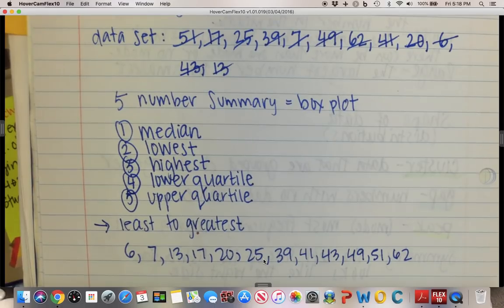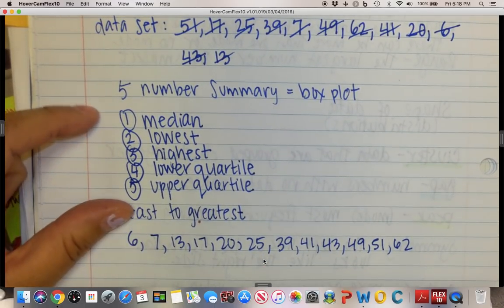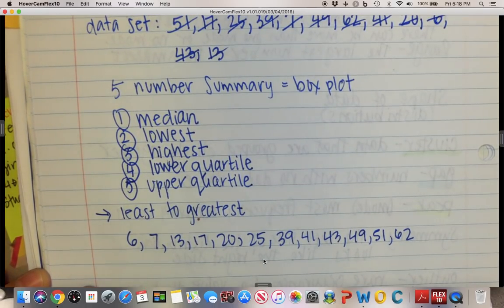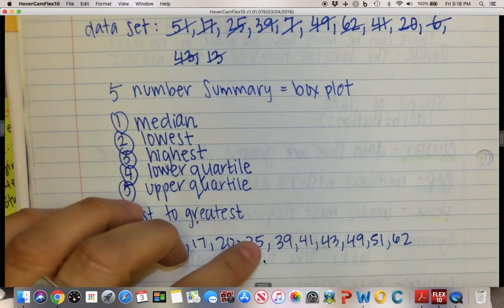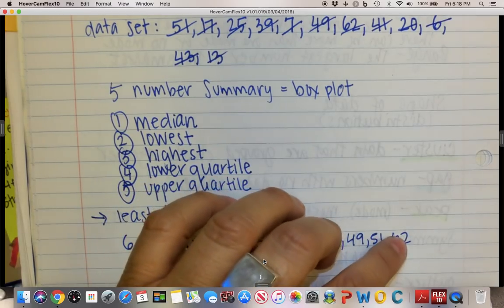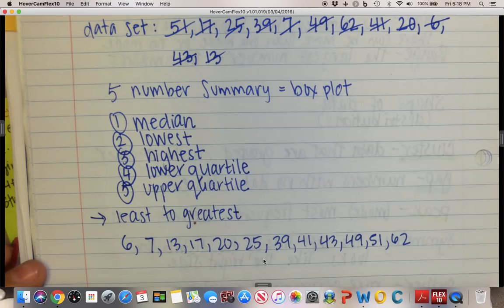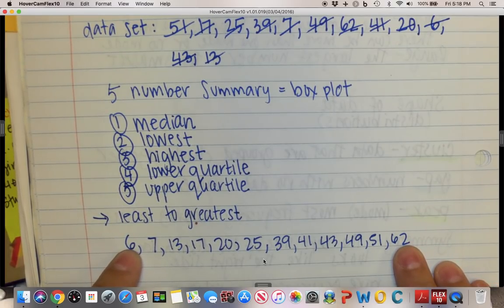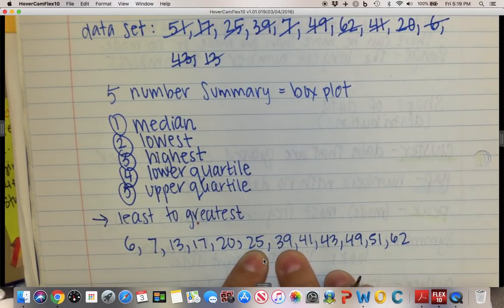12. Okay. Now that they are in order from least to greatest, it makes it easier to find the rest of these. So the median, if you recall, is the number that happens in the middle. 1, 2, 3, 4, 5, 6, 7, 8, 9, 10, 11, 12. I have 12, an even set of data, so I'm going to have to find the number in the middle of that data. So I'm going to look for number 6 and number 7.